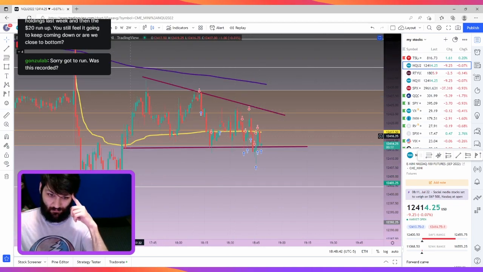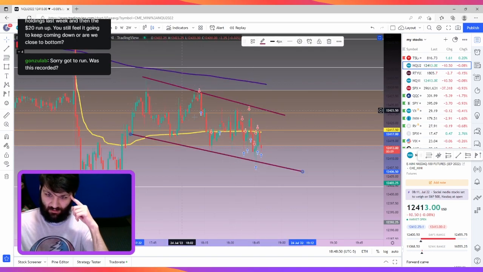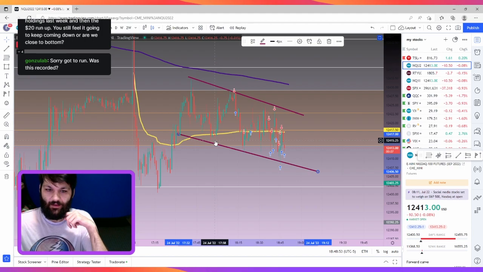And now, looking at it, it kind of looks like we might break upward, just because this is a bull flag. But I don't know.